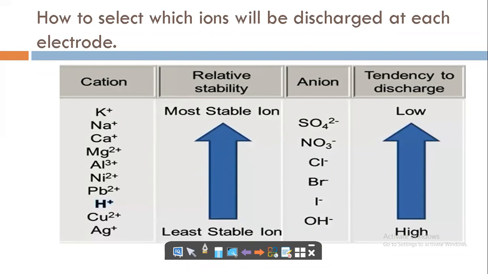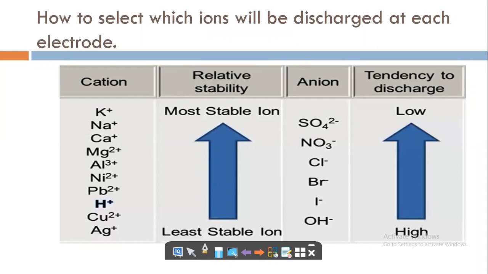So the ion of the more reactive element will remain in solution, and the ion of the less reactive element will come out of the solution. Are you with me?